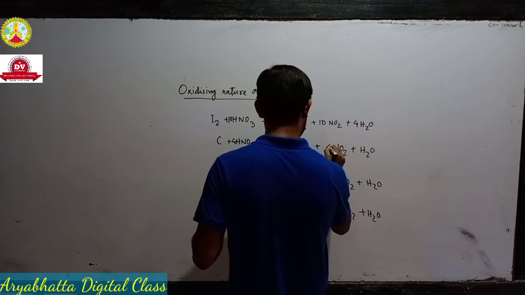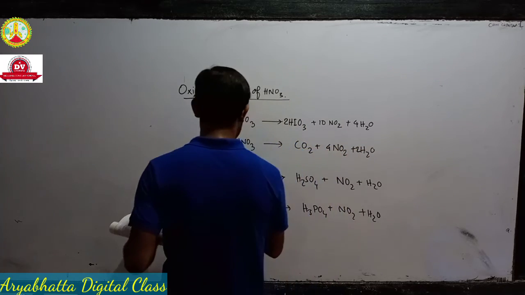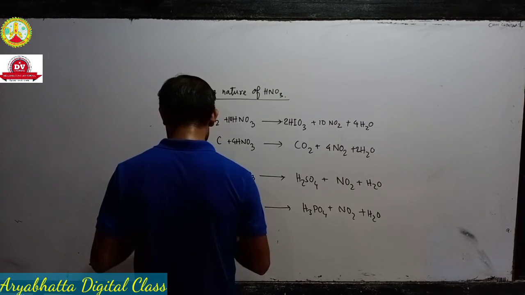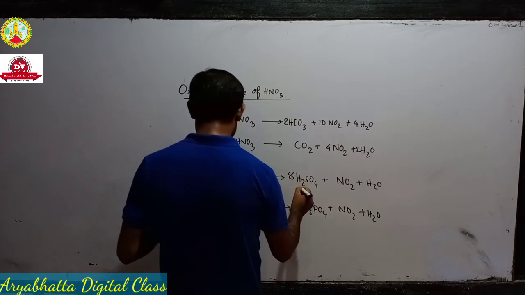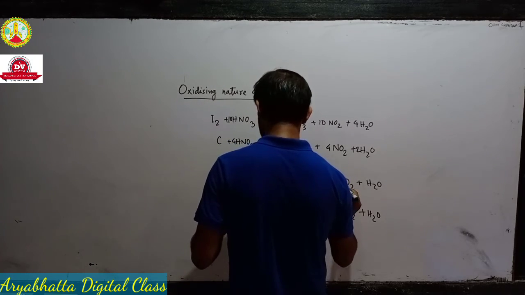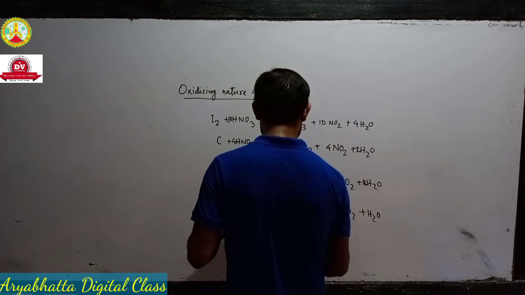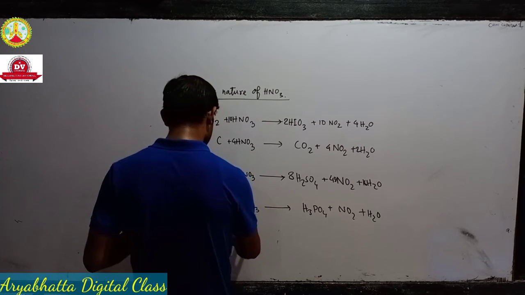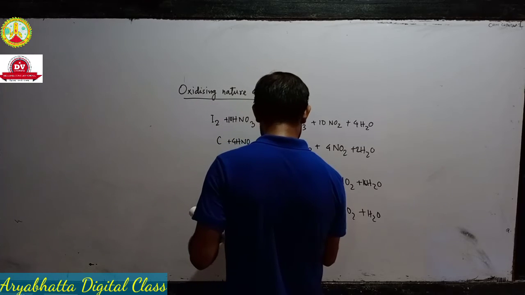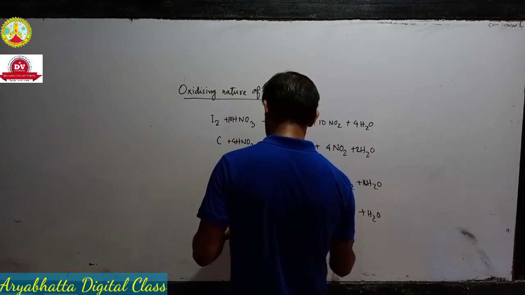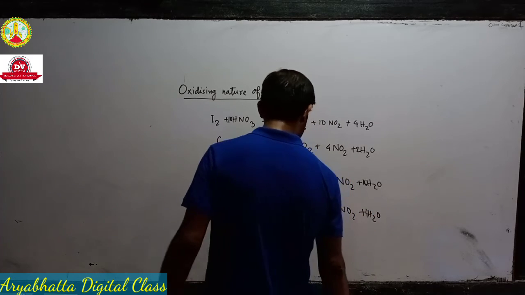In case of S8, it's 48 HNO3, 8 sulfuric acids, 48 NO2 and 16 water. Okay, in case of P4, you need 20 HNO3, it will give you 4 H3PO4, 20 NO2 and 4 H2O.